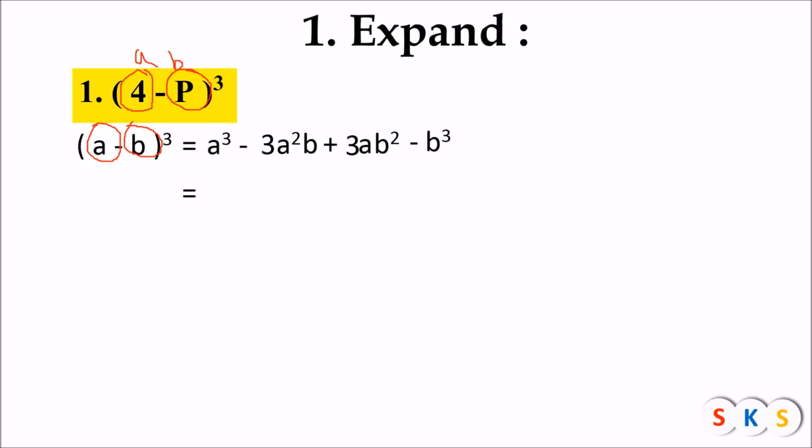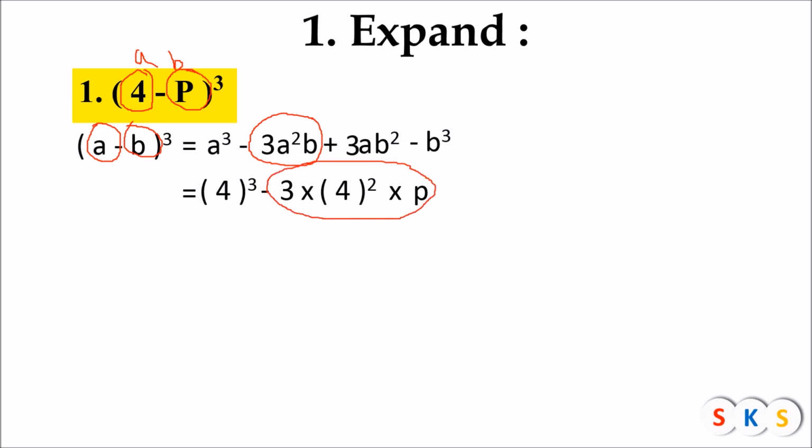So equal to a raised to 3. What is a? 4. 4 whole raised to 3 minus 3 into a square. What is a? 4. 4 square into b, that is p. So you can see that this is 3a square b.